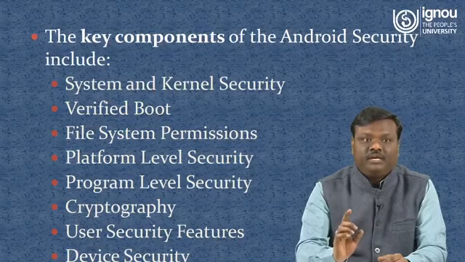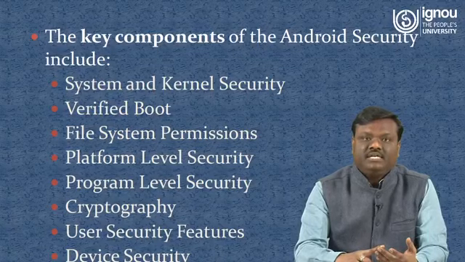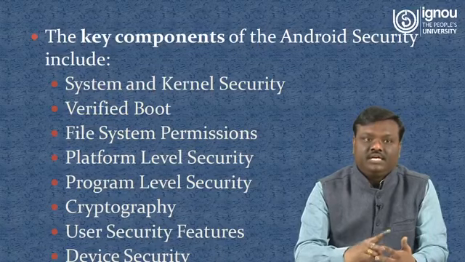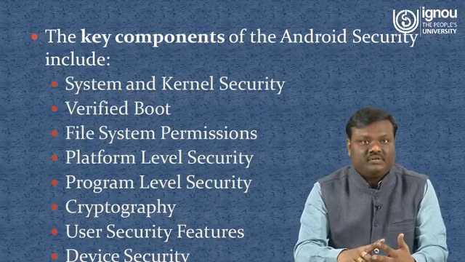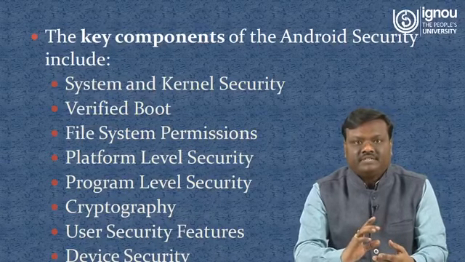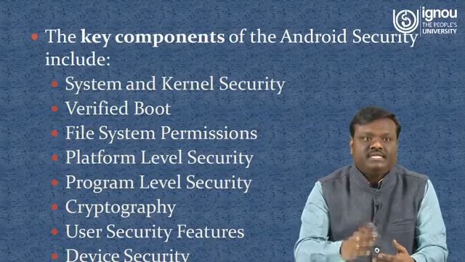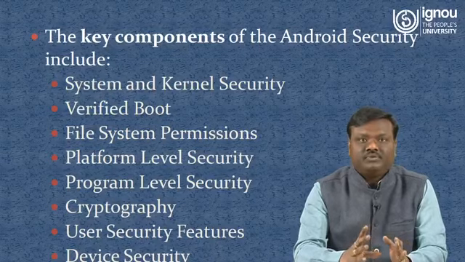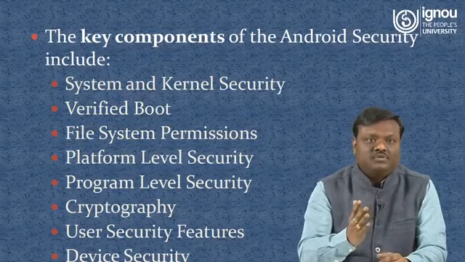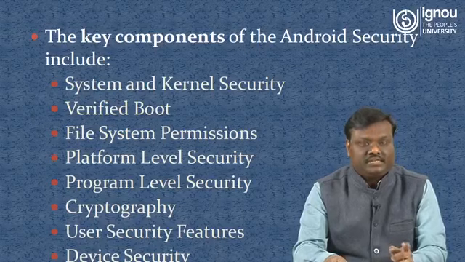However, verified boot, file system permissions, platform level security, program level security, cryptography, device level security, and then user level security, there is a wide variety of security which can be handled by the Android operating system. Almost every category of security is being addressed over here.